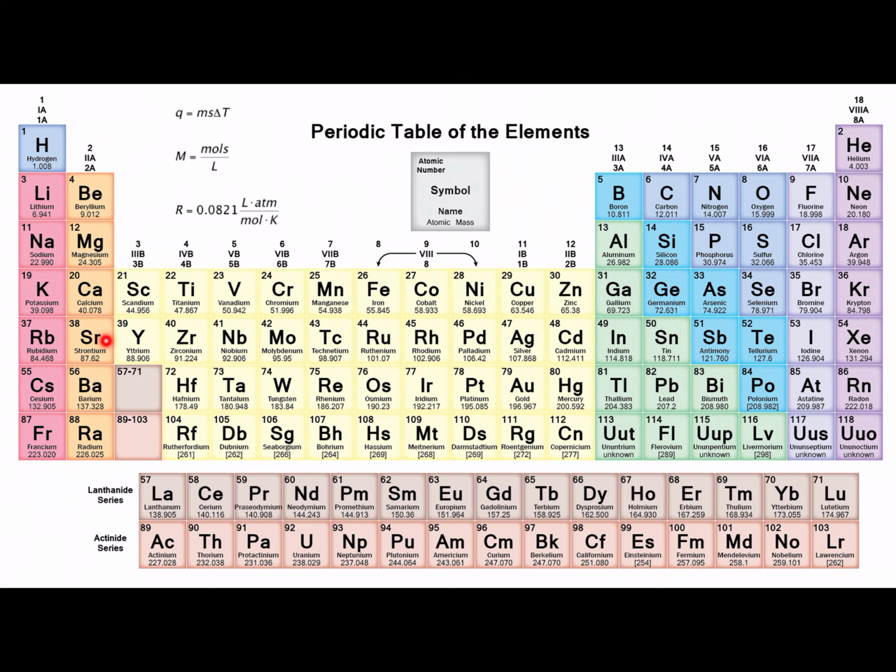So 5s2, 4d, not 5d, sorry. 5s2, 4d10 filled, and then the p electrons start filling up. p electrons are going to be the same as the s orbital, principal quantum number 5. 5p1, 5p2, 5p3, 5p4. Okay, so that would be krypton, 5s2, 4d10, 5p4.